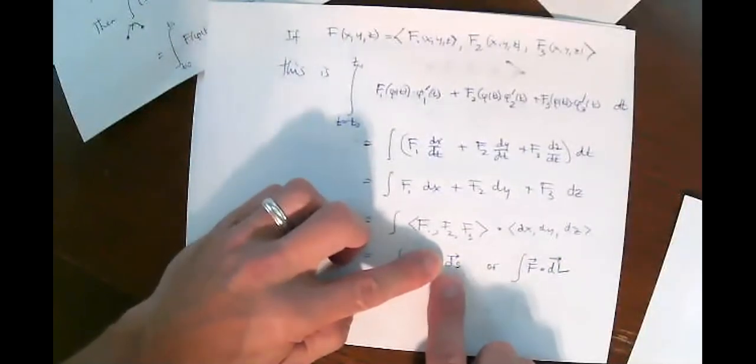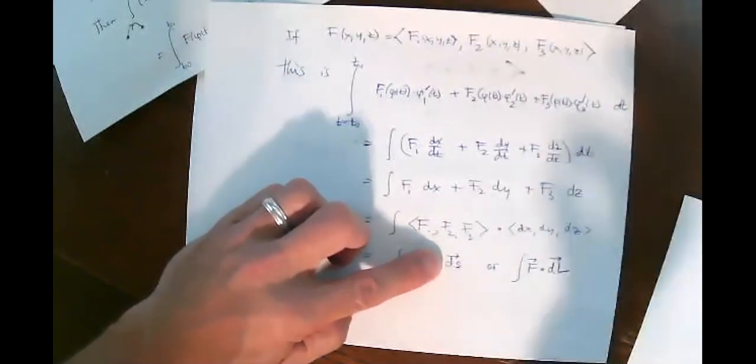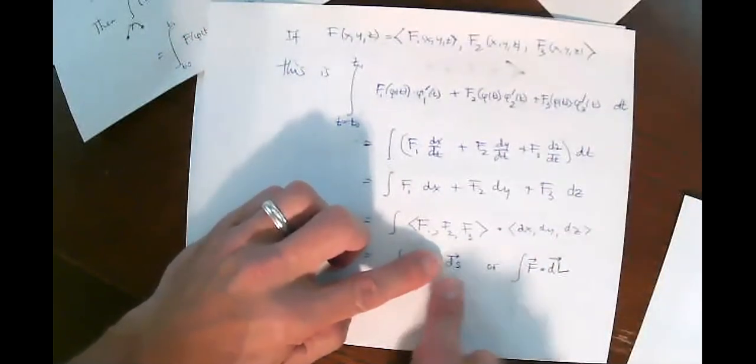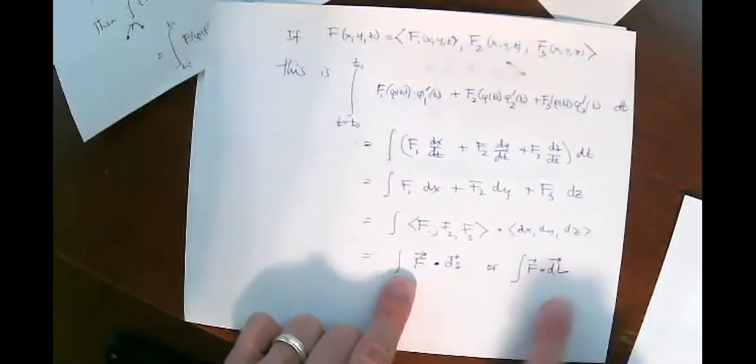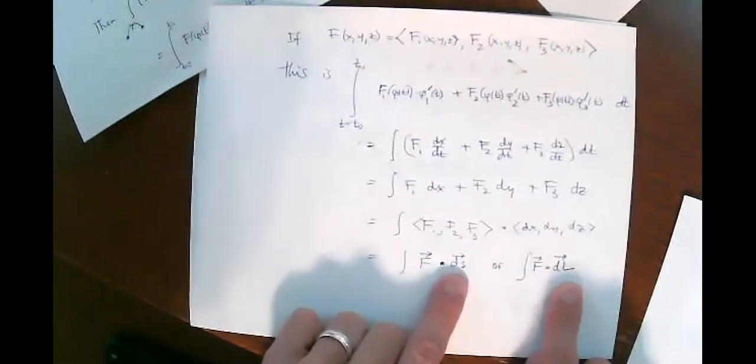So we just write it as a ds. I don't know why s. I guess because you can't call it dd, d for displacement. There's too many d's. But it's a dot product. And so this is a notation that you will see. I might use this notation because I'm trying to still keep length in mind.